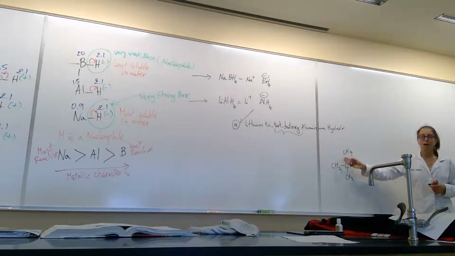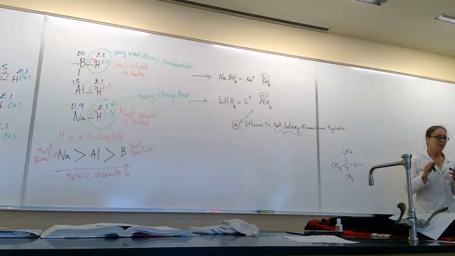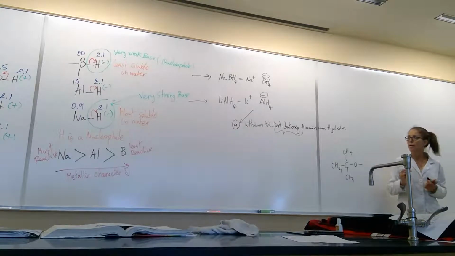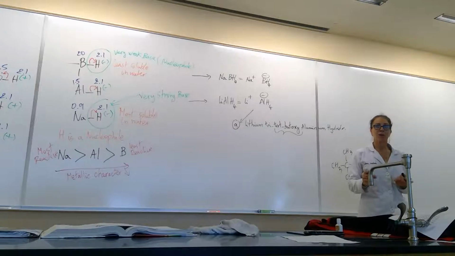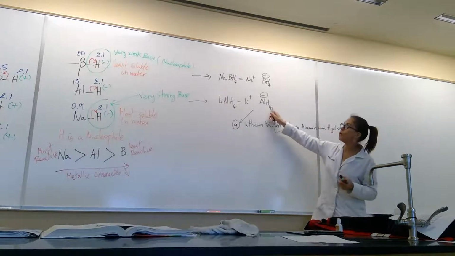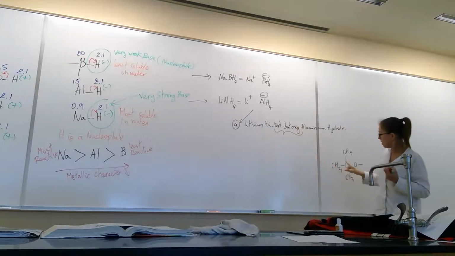Every time you see tert-butyl, it's really to make it bulky. So basically, we're crowding the space around aluminum so that it can only have 1 H. So when you see this, there's only 1 hydride that's functional. So instead of having 4 hydrides, we have 1 of them, and the other 3 are what? This.